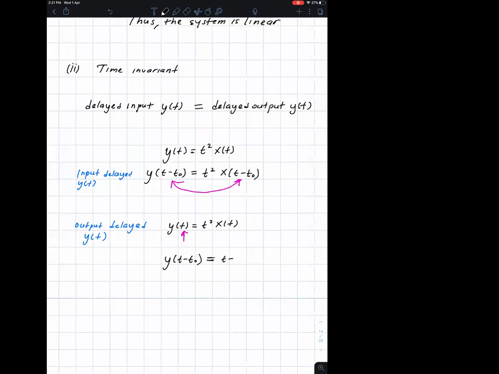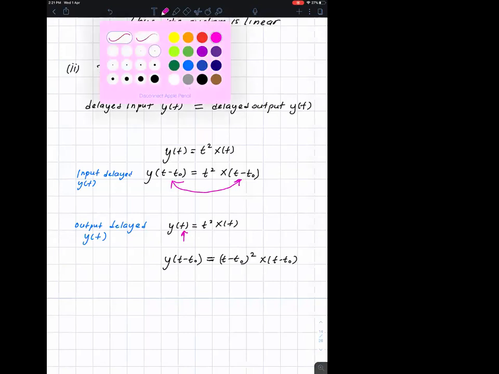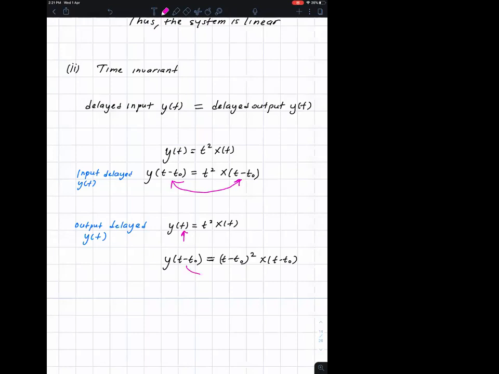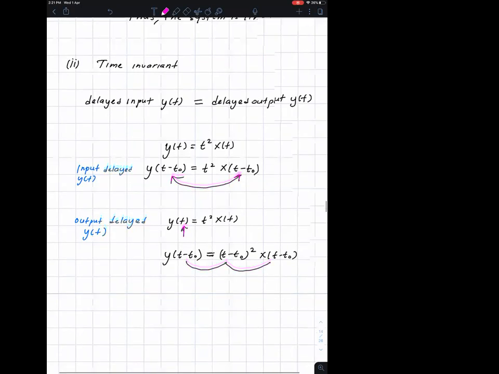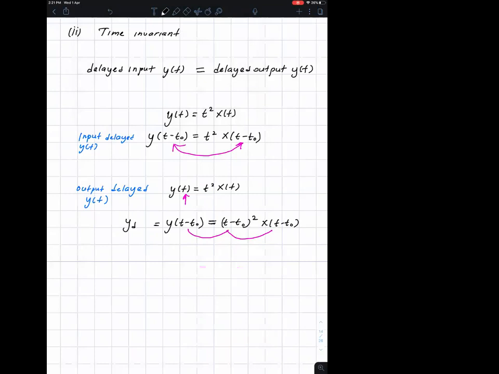I'm going to replace every t here with t minus t naught. So when the output is delayed by t naught, everything is affected. Every t is replaced with t minus t naught. Let's call this output y_d(t). This is the output delayed y_d(t).